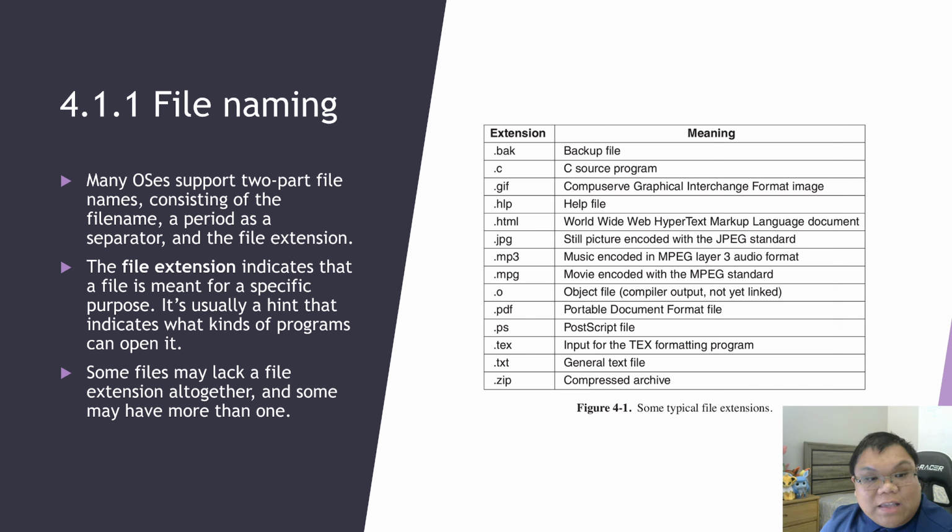If you have a .c file, that's going to be a source code file for a C program. CPP is for C++. File types such as GIF, JPG, JPEG, BMP, PNG, TIFF represent some sort of image. And they all have their differences.